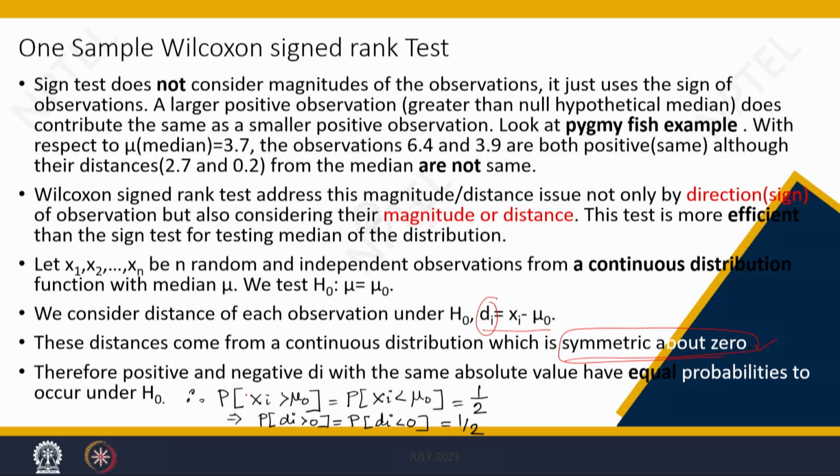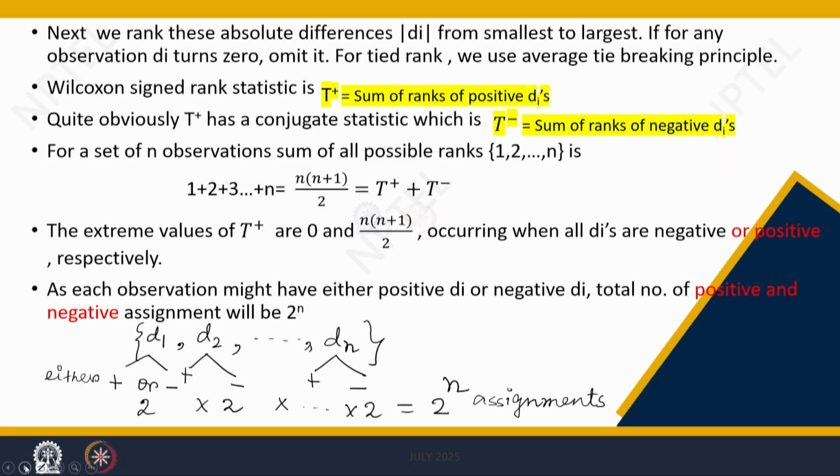Therefore, positive and negative di with the same absolute value have equal probabilities to occur under the null hypothesis. So, we can write probability di greater than 0 is equal to probability di less than 0, that is equal to half, and it comes straight down from the definition of median.